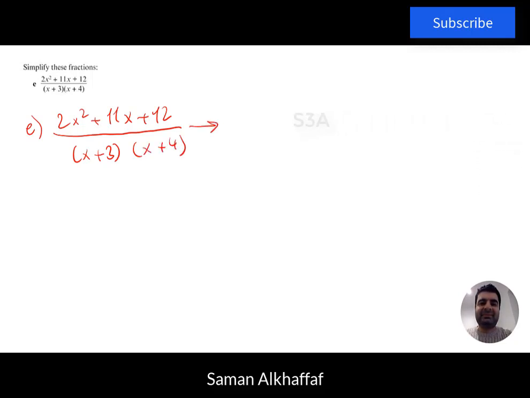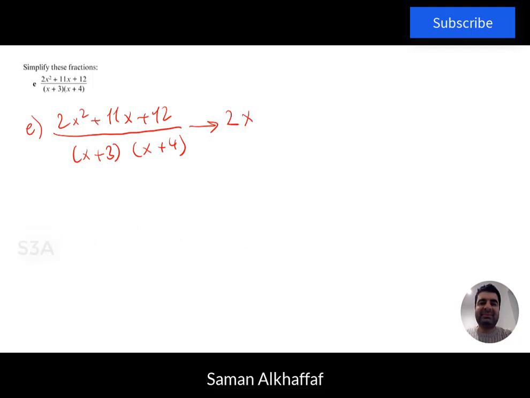So ideally we'll try to factorise the numerator in such a form that can give us either x plus 3 or x plus 4, so we can potentially eliminate one of the terms while we are simplifying the expression. So in this scenario we will start by looking at 2x squared plus 11x plus 12. So for us to do that, we can break down the 11x into different forms.